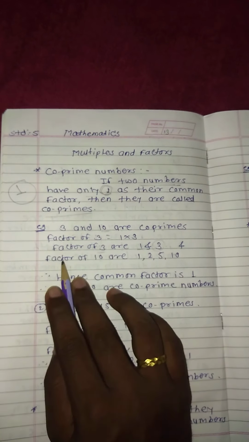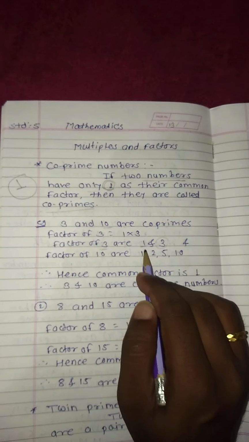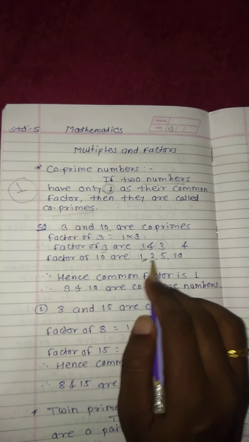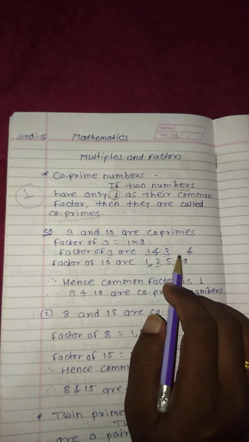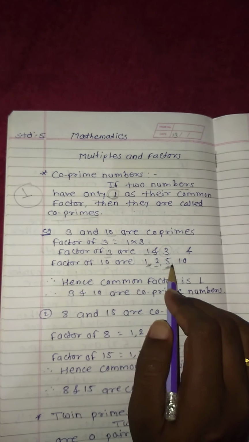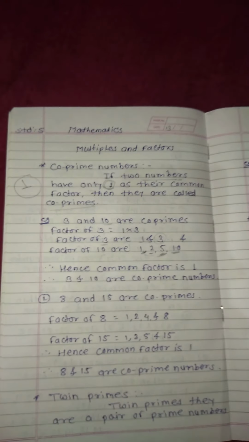Now the factors of 10: 1 is a factor of every number. In the table of 2, 10 arises, so 2 is also a factor of 10. In the table of 5, 10 arises, so 5 is a factor of 10, and 10 itself is a factor of 10.